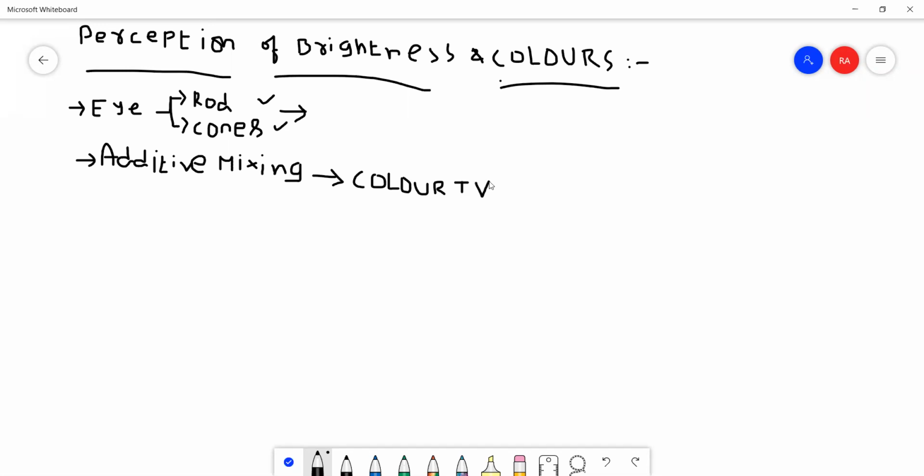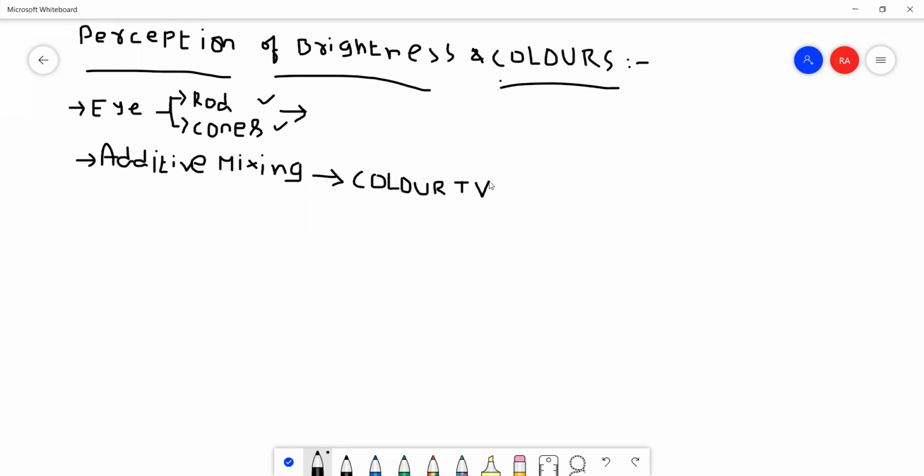For example, when we are watching a yellow color, the eye distinguishes between red and green groups of cones that are excited at the same time in a suitable intensity ratio, which produces the color.